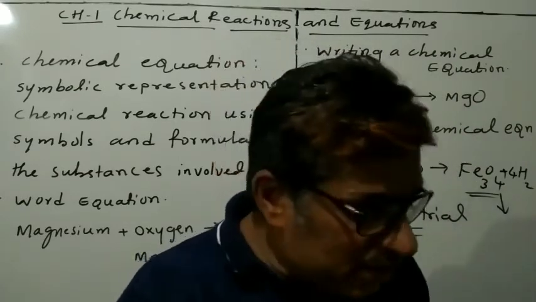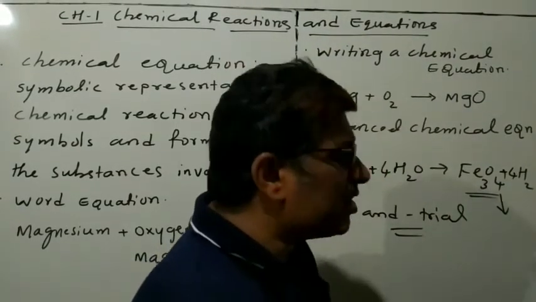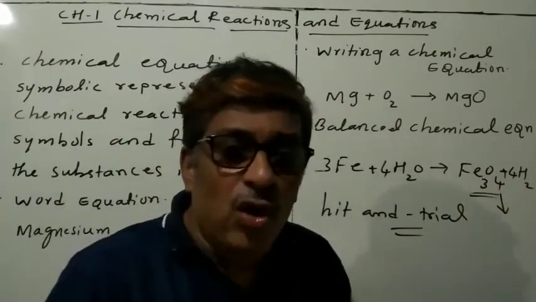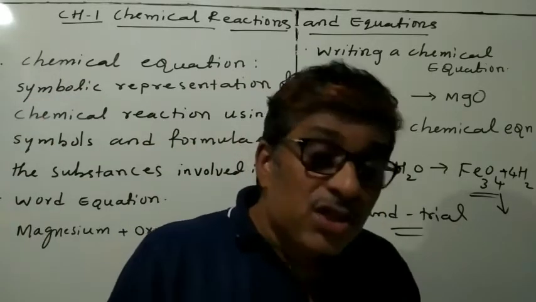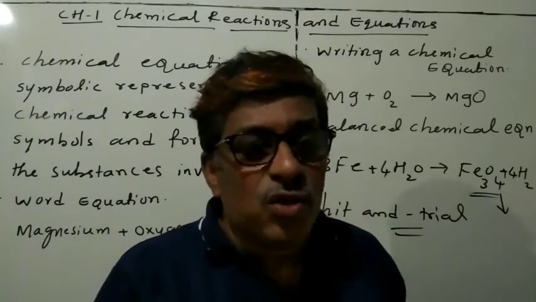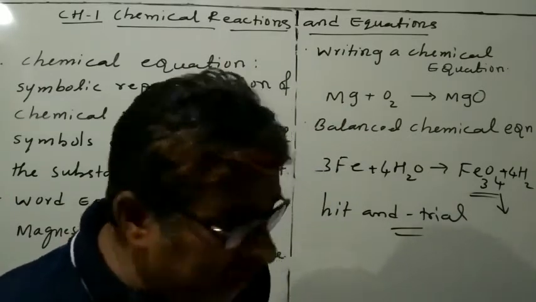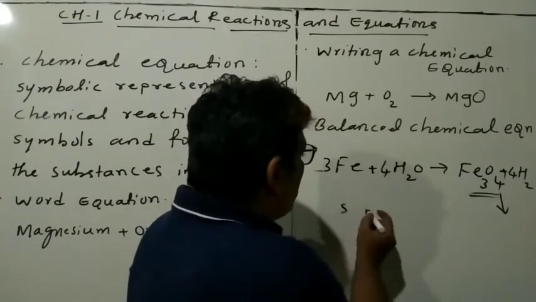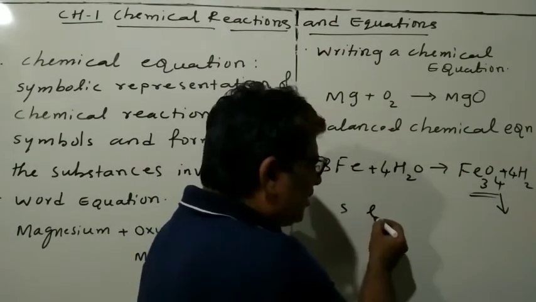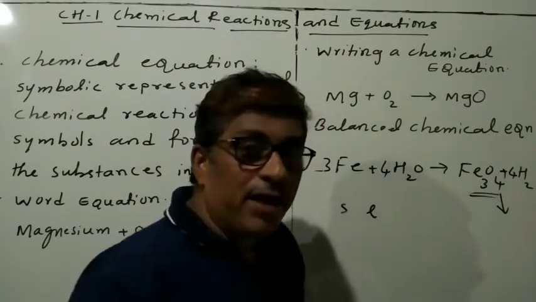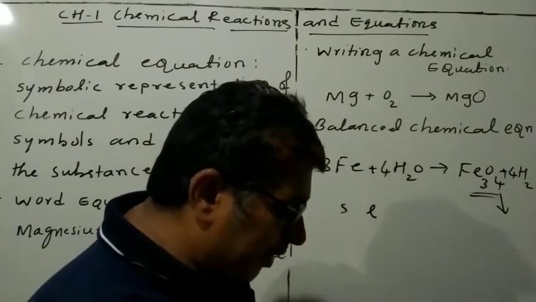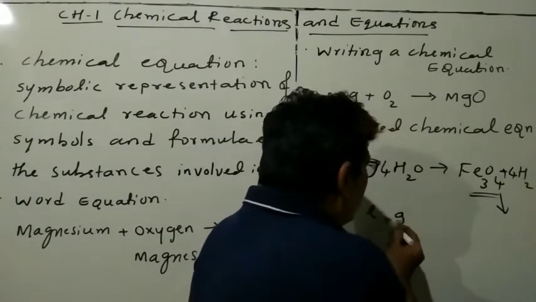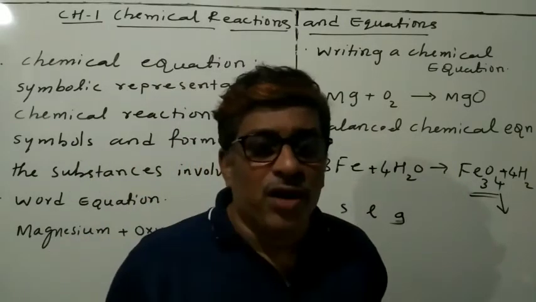And one more thing is, in these equations you have written, their physical states we have not mentioned, whether it is solid, liquid or gaseous. Such a condition, if mentioned, you have to write: if solid, S; if liquid, L; if gaseous, G. For example, steam is gaseous, and liquid water you write L. So this short form you can write.